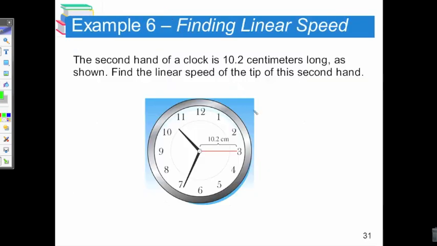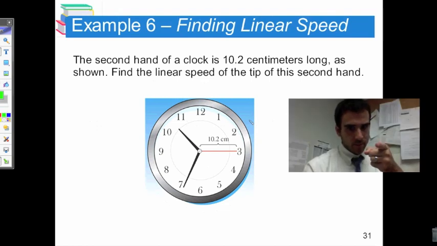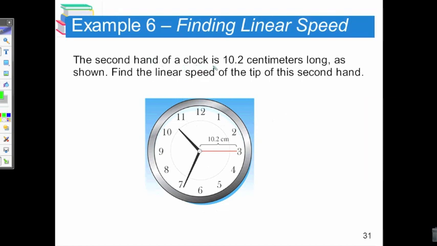Now let's look at an actual linear speed situation. Pay attention. The second hand of a clock is 10.2 centimeters long. Okay, if we're talking about a circle, that's basically the radius. It's giving us a piece of information there just a little bit covertly. Find the linear speed of the tip of the second hand. I'm looking for linear speed, which means I'm not looking for how quickly this thing rotates around, because technically I know how quickly it rotates around, right?